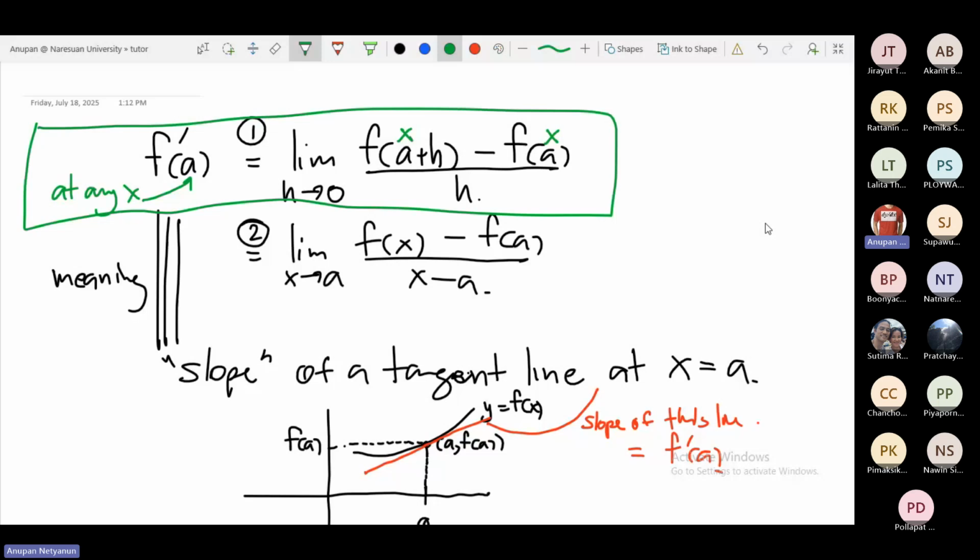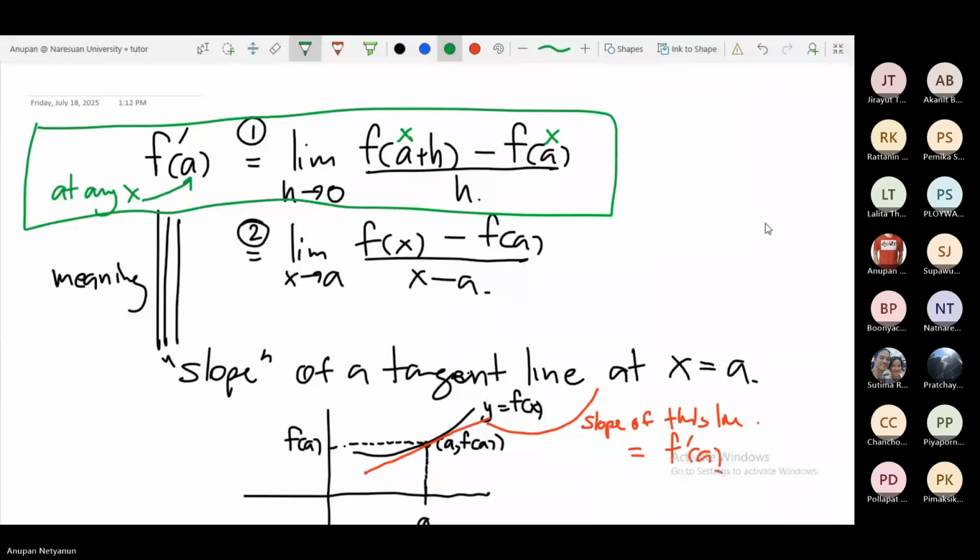Now, if you try to do the same thing to the second definition, again, you need to replace a by x, or you put x in for a. Now, this is going to be your x. This is going to be your x and x. You can see that something strange, something weird, is going to happen.